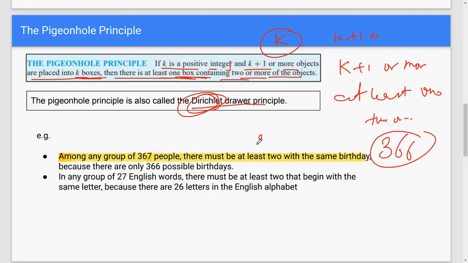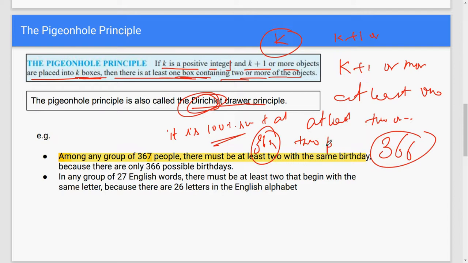So if 367 people are in a room, or in a class or a group, it is 100% sure that at least two people share a birthday. I'm not talking about at most; we don't talk about at most using the pigeonhole principle, we always talk about at least. Even in the worst case, where each of the people has a different birthday, it is still 100% sure that at least two people will have the same birthday.